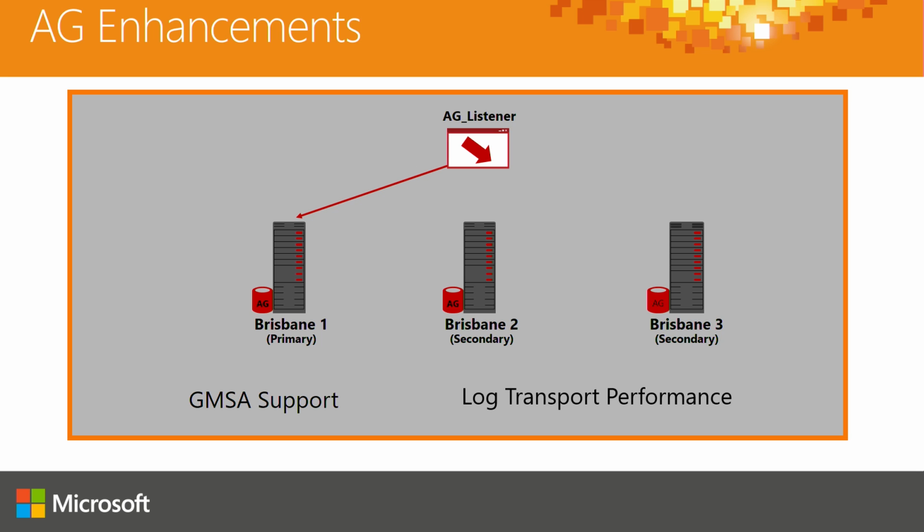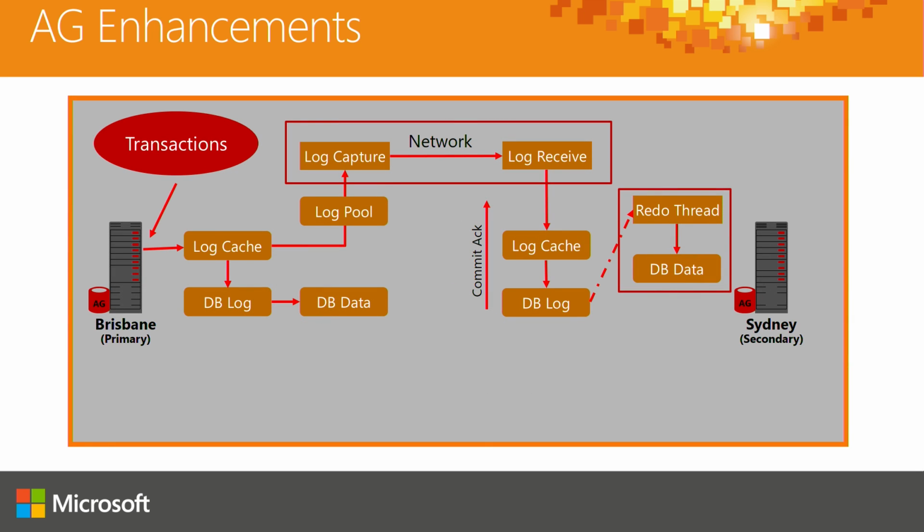Now, the way that they did that, in our log capture, they've implemented compression, and also implemented multi-threading to send the packets across from our log capture to our log receive. You are still going to be restricted by the size of your pipe and the network that you have in place, okay? But it has the capability to keep up.